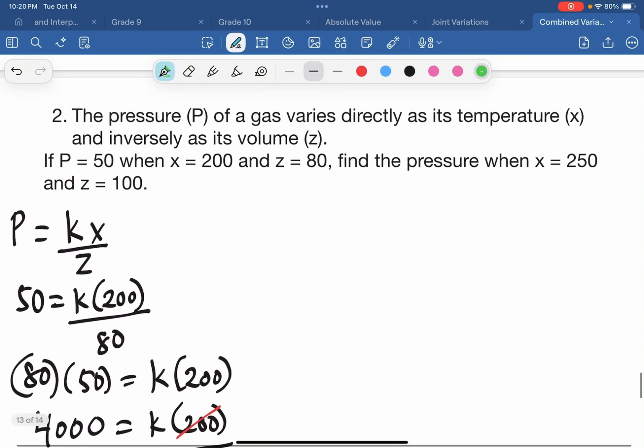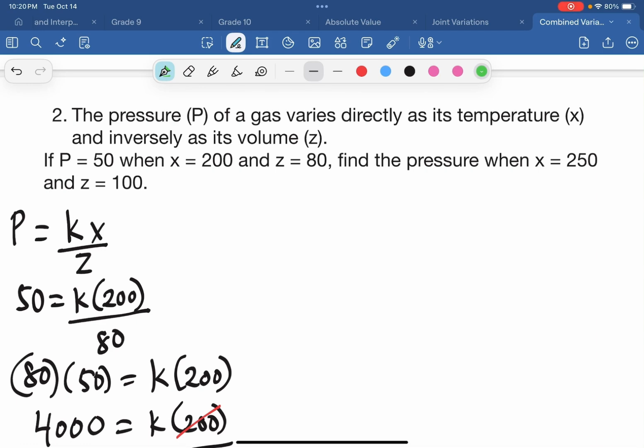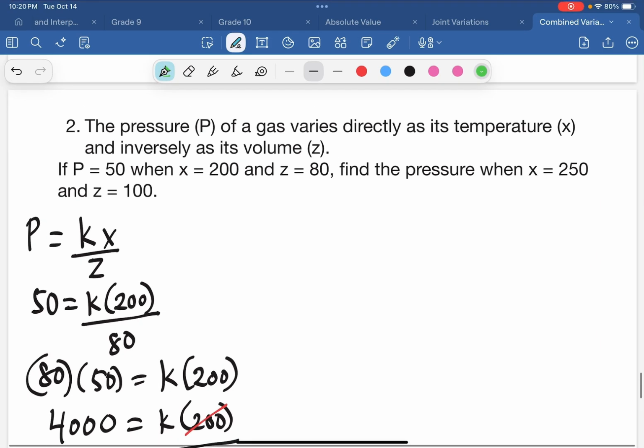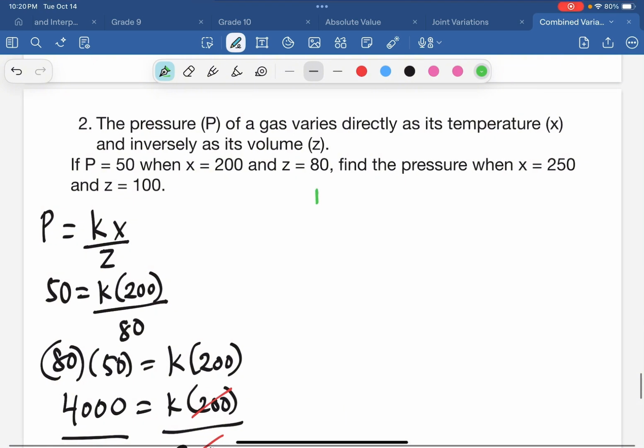Now let's try to find the pressure on the second part of the problem. So let's write K first. K is 20. P is missing.